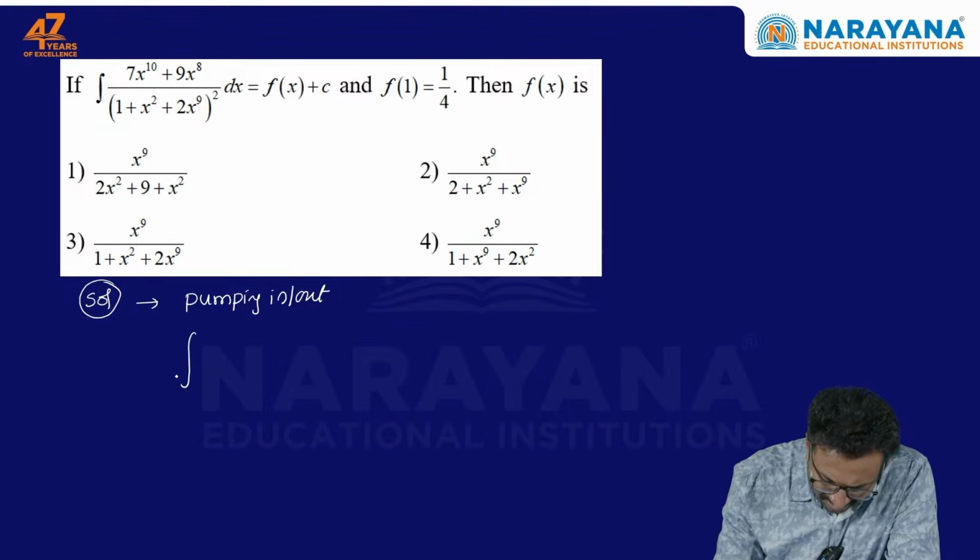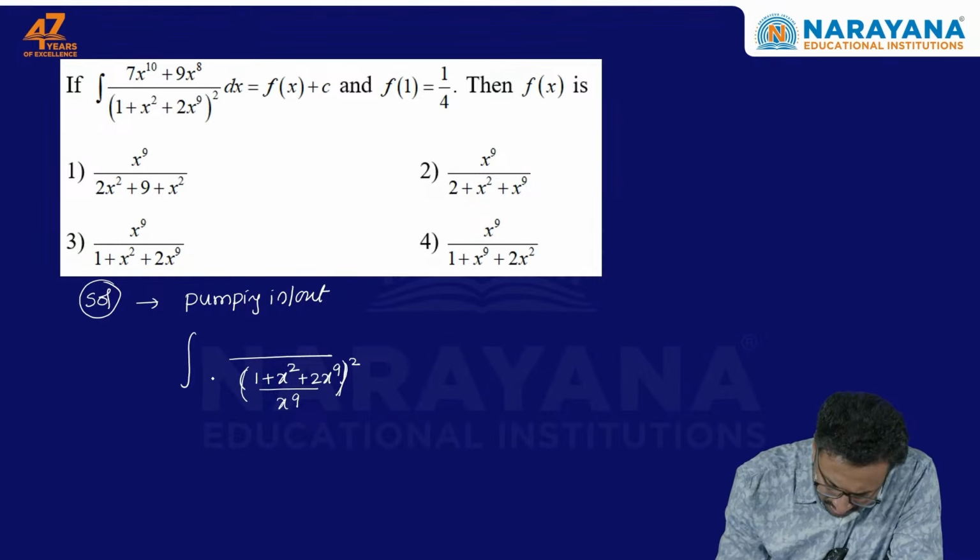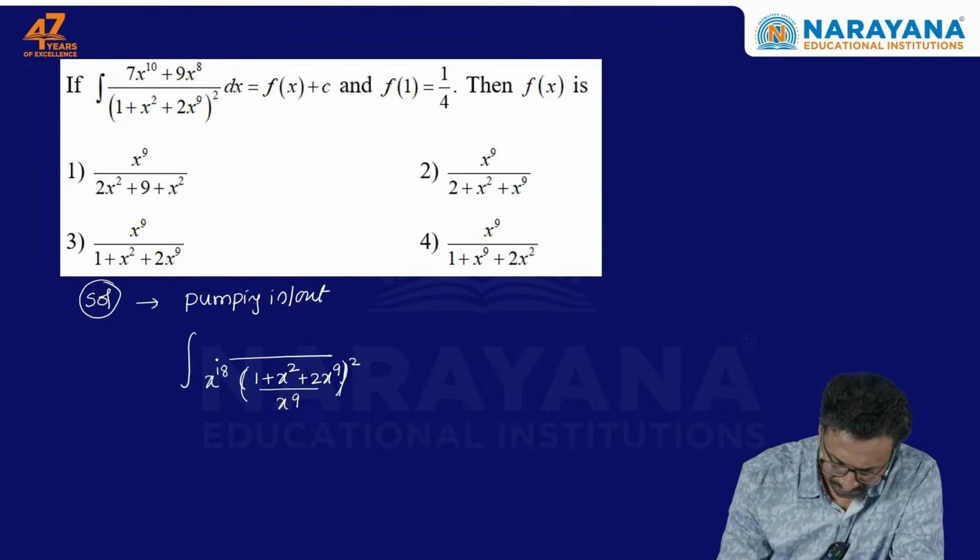So in this, I will take out x power 9 from the denominator whole square. So I will divide the denominator with x power 9 inside the square. So x power 18 is going to come out.